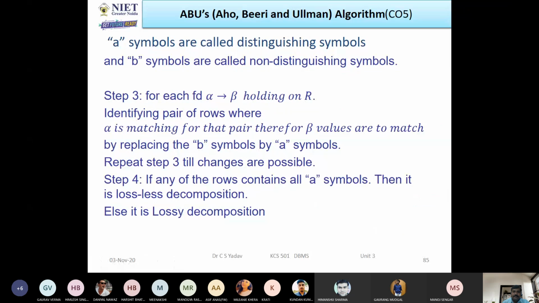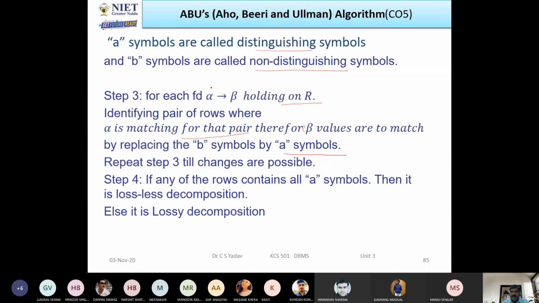Then the third step. a are distinguishing symbols and b are non-distinguishing symbols. In the third step, for each functional dependency alpha determines beta holding on R, we will identify pairs of rows where alpha is matching. For that pair, the beta values are made to match by replacing the b symbols by a symbols.